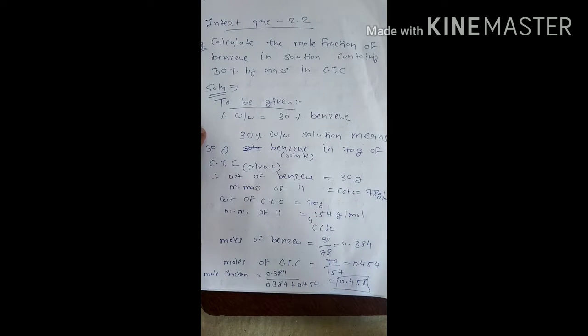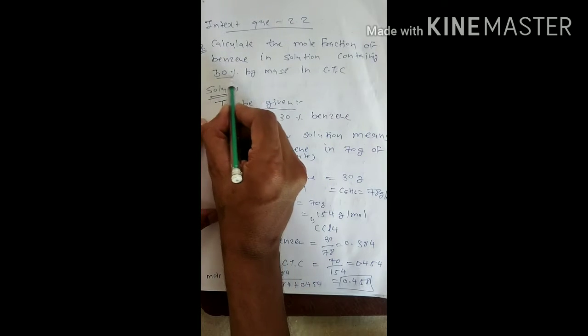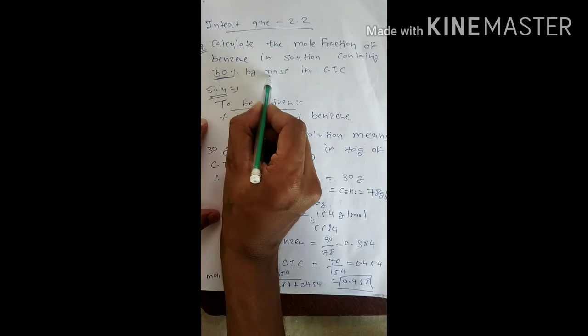Okay, read again. Calculate what? Mole fraction of benzene in solution containing 30% by mass in CTC. CTC means carbon tetrachloride. So here concentration is given to you, 30% by mass.